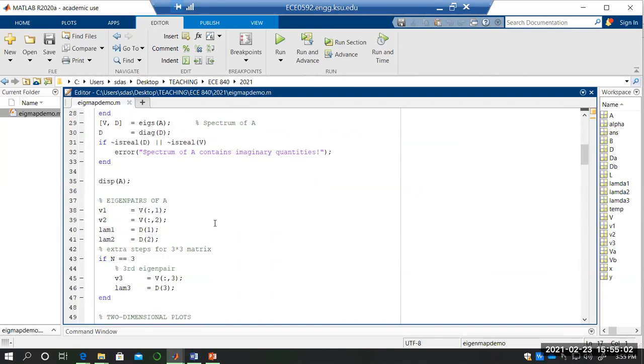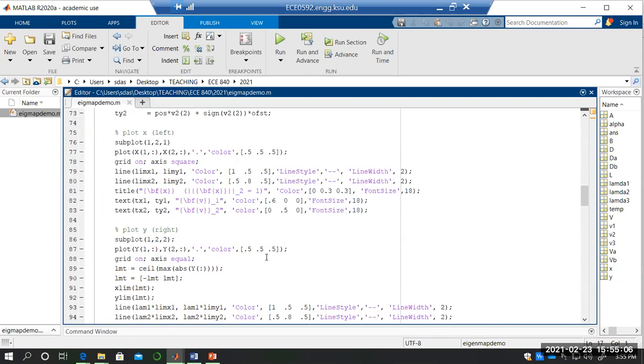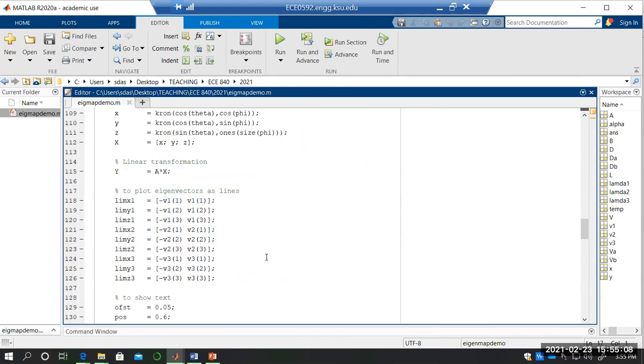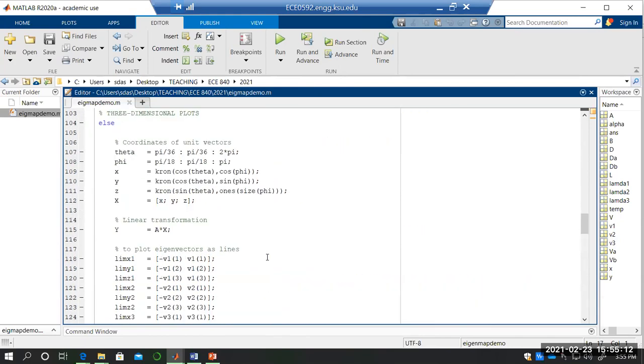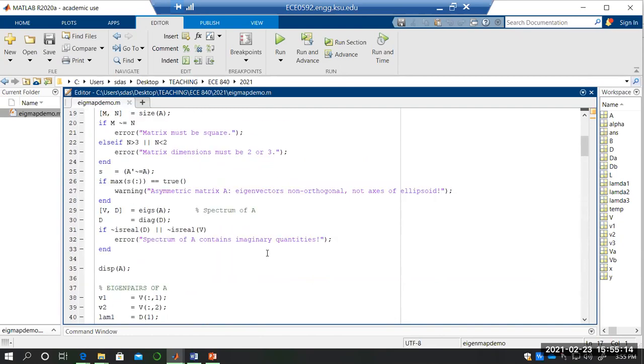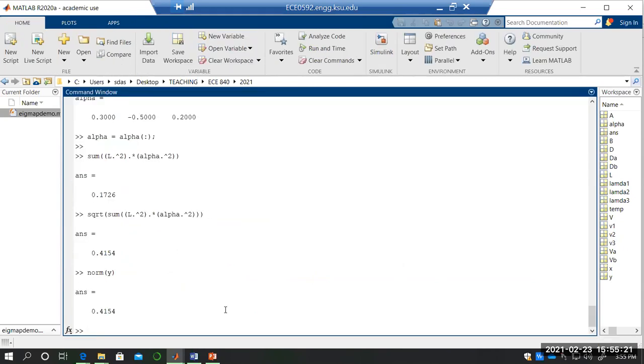It finds the eigenvalues, eigenvectors, and most of it is just fancy plotting commands. Okay. So with this, we end today's lecture, unless you guys have any other questions. Anything else you want to verify using MATLAB?